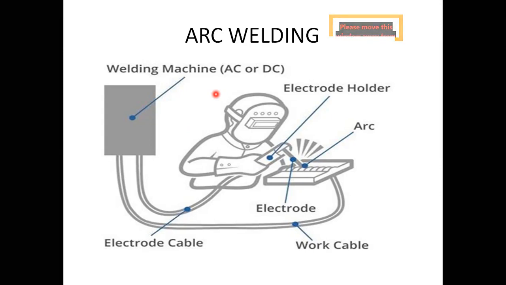Now why are inert gas or active gas used? Look, the metal reacts chemically with oxygen and nitrogen, because high temperature is there at this moment. So in the air, when heated to high temperature, there will be some reaction.